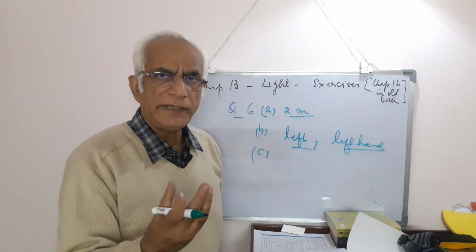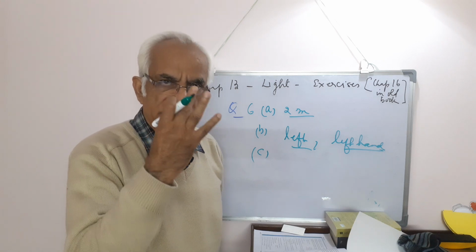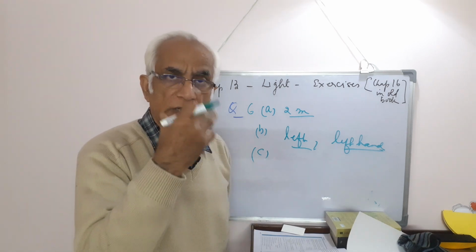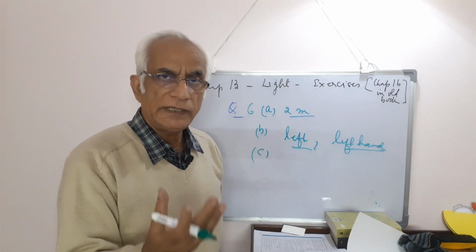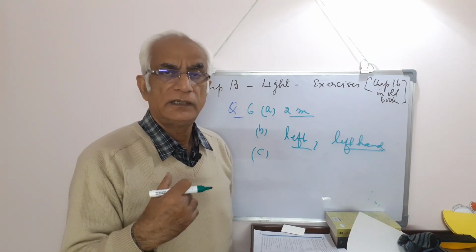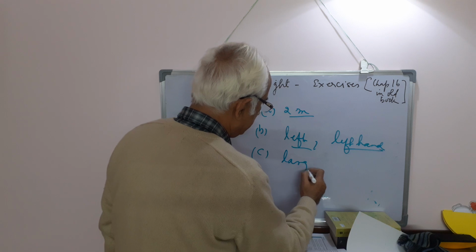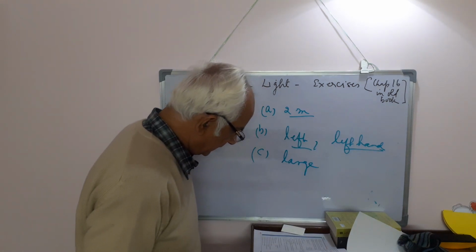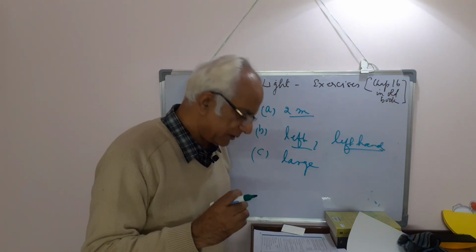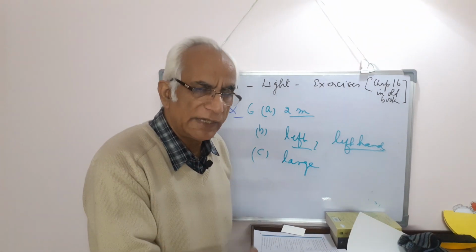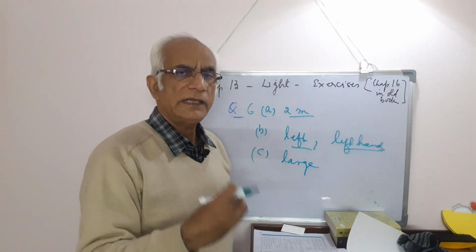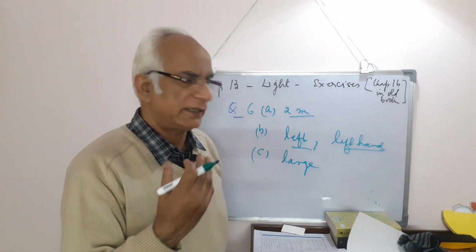If it is dim light, the pupil will become larger, so that more light enters the eye and you can see the object clearly. It will become large.